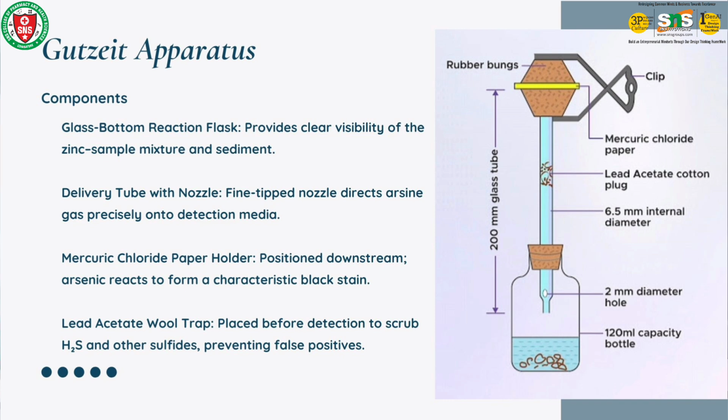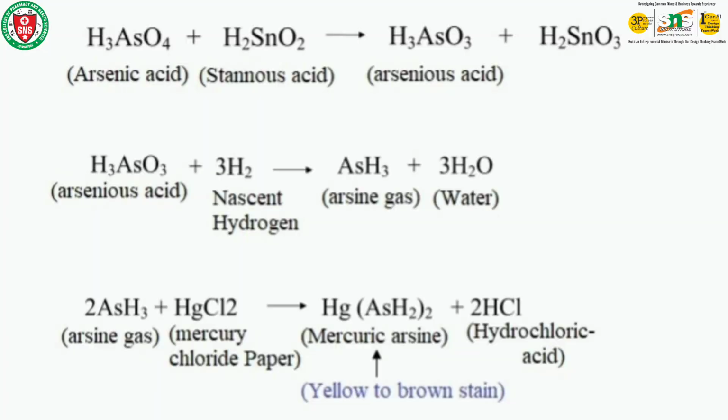The arsine gas has only one possibility: it has to pass through this hollow tube and reach the portion where we have kept our mercuric chloride paper. This mercuric chloride paper reacts with arsine gas to produce a compound called mercuric arsenide, which gives a yellow stain to the paper.